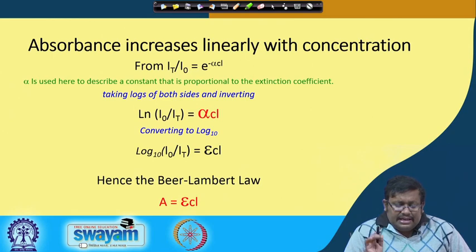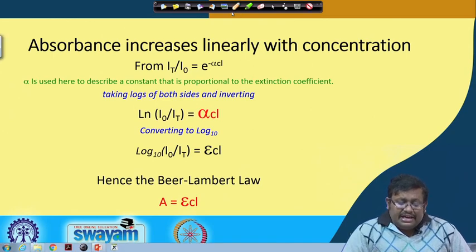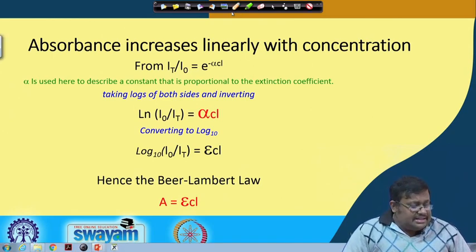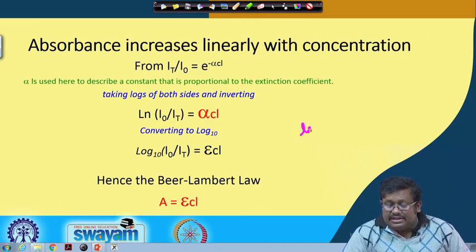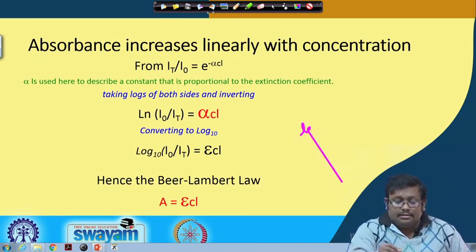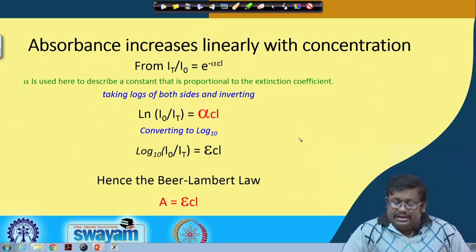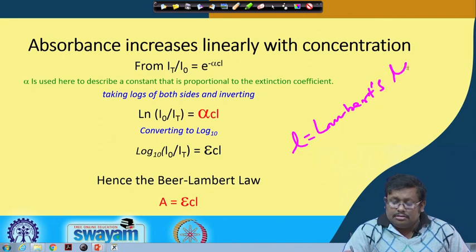So here it is called Beer's law. When it depends on the length only, then we call it Lambert's law, and when it depends on the concentration, we call it Beer's law.